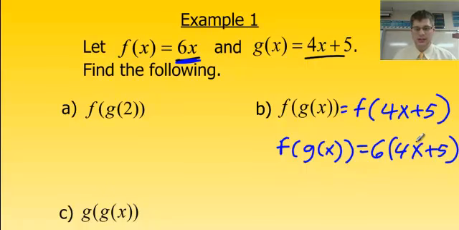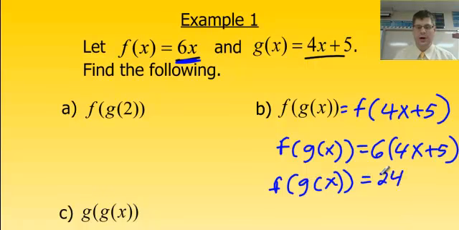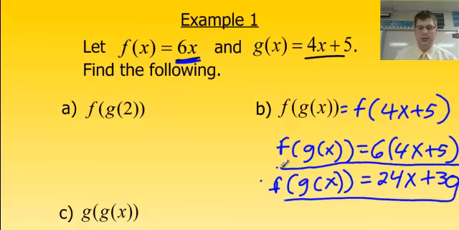We distribute the 6. So f of g of x is equal to 24x plus 30. And that's our final expression.